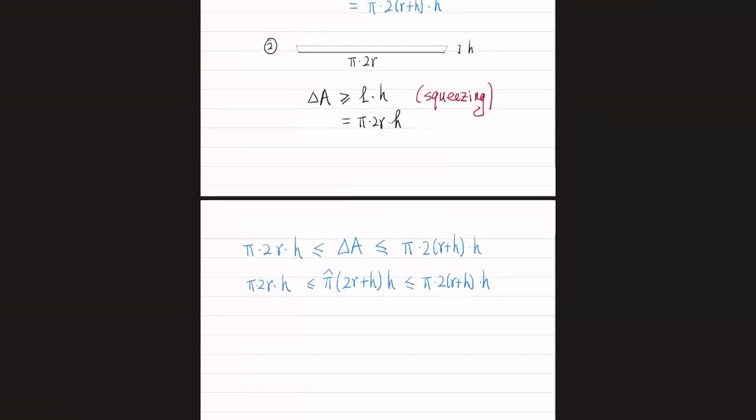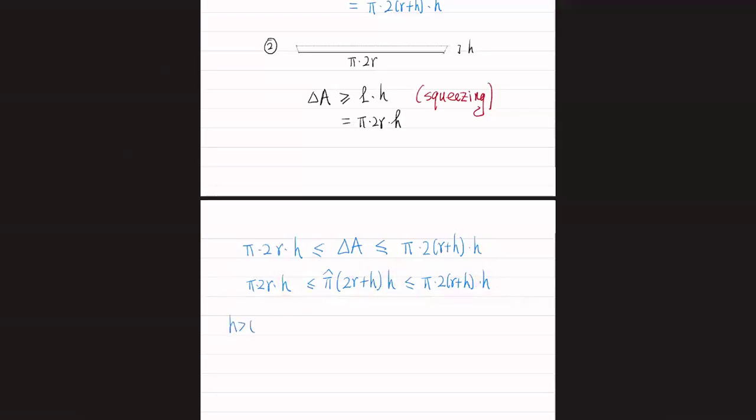Okay, now let's do some simplification. Jessica, can we simplify these inequalities? I think so. So you have H, a positive number. If we cancel H, we keep the same inequalities because H is positive.